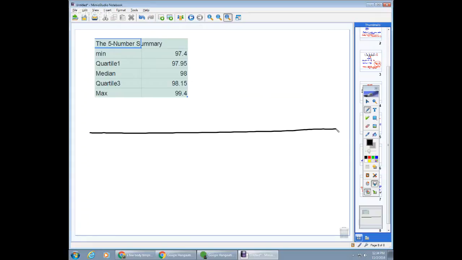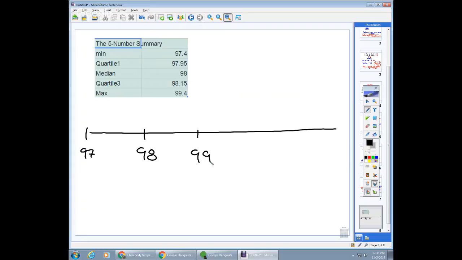So they have a range of 2. Right? So maybe on my number line, I will start at, say, 97 over here. Let's put 98 here. 99 there. Is that about the same distance apart? No, it doesn't look good.